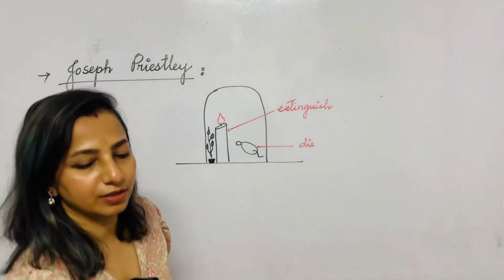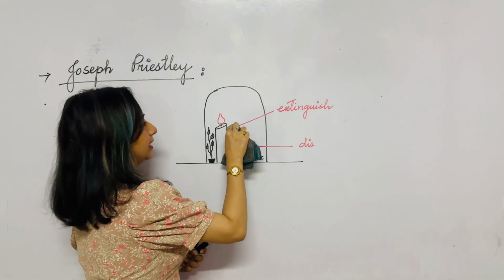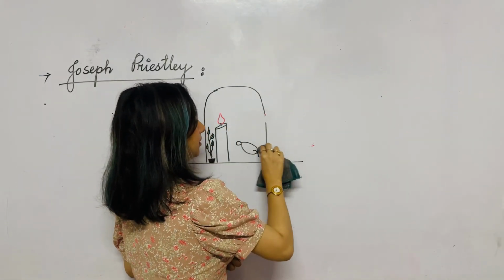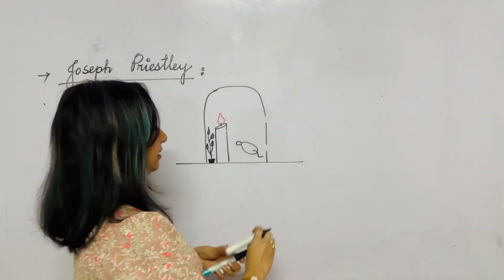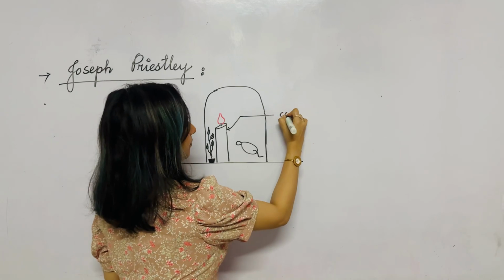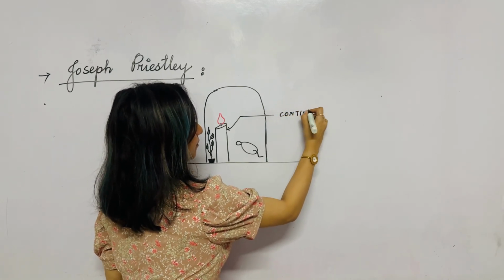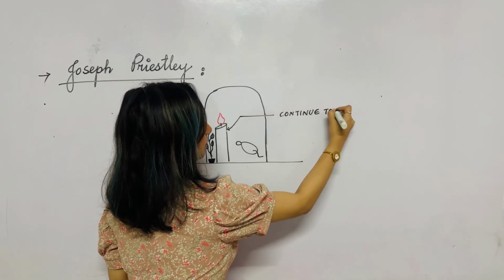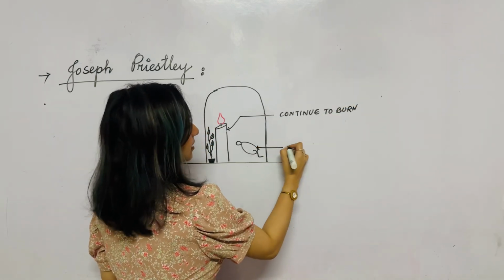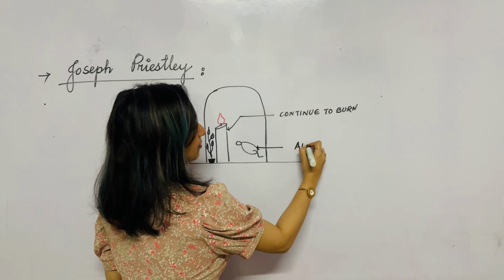Now what happened? Now the candle continued to burn. It was not extinguished, and the mouse was alive.